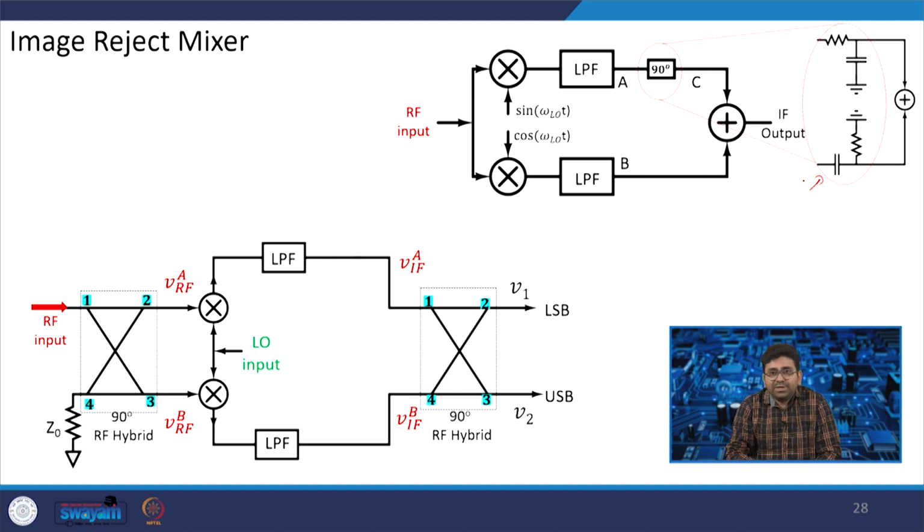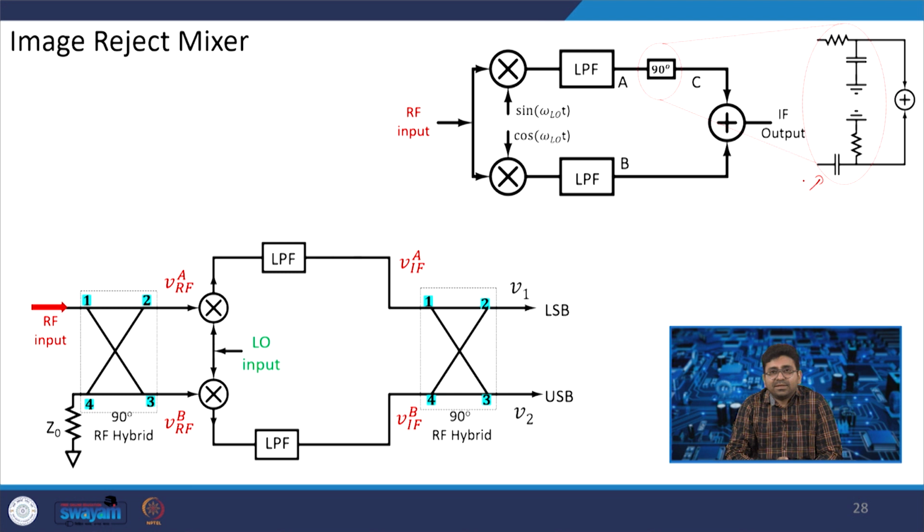Now, why can't we use a hybrid coupler to do the same? What is the advantage of using a hybrid coupler? The advantage is it can provide a wide bandwidth, and it can also work at very high frequency.